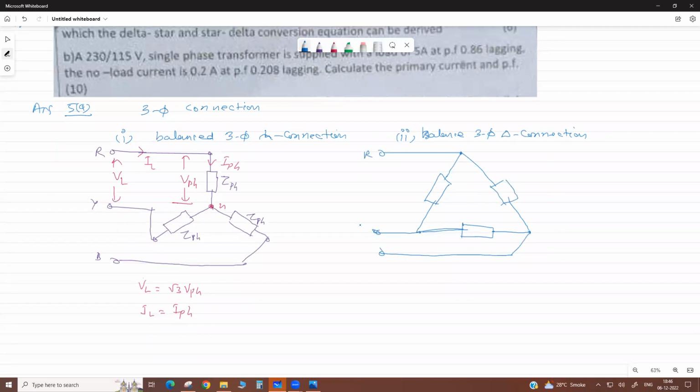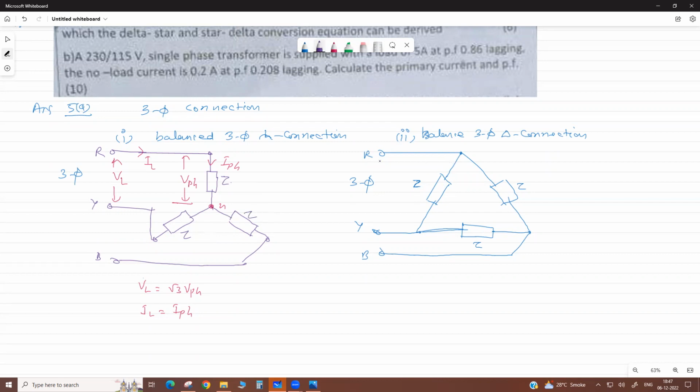Here is RYB three-phase supply. Then this is the per phase impedance, equal impedance Z. It is not required to write this here also. Z are equal here, and it is per phase only.